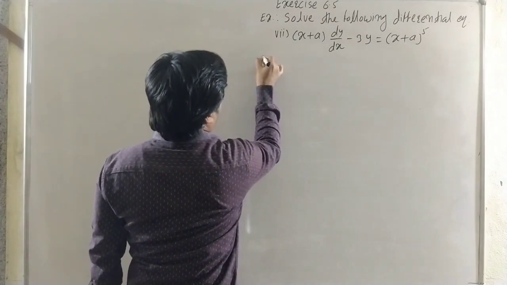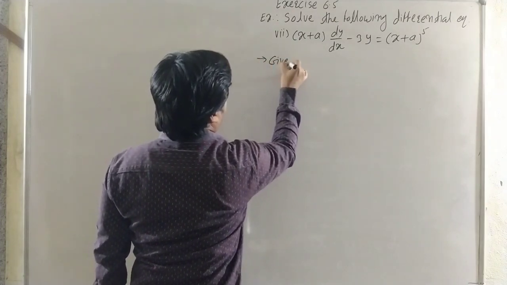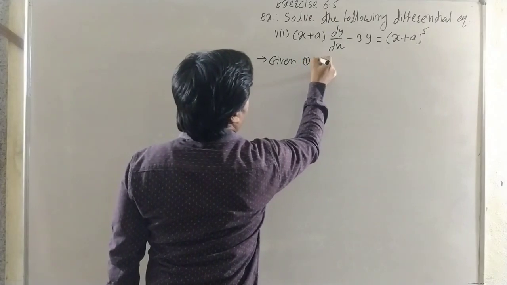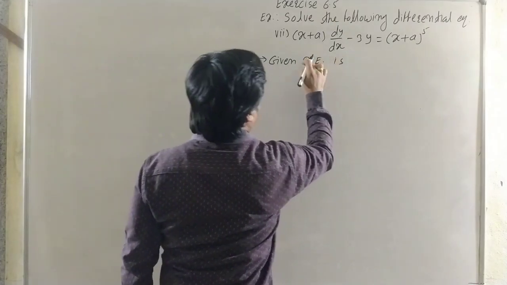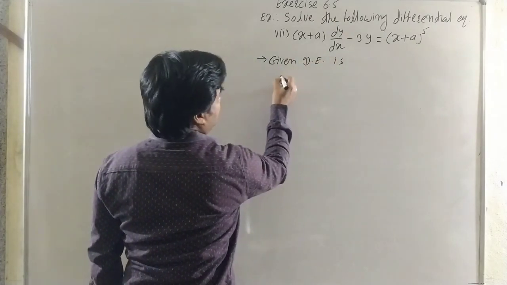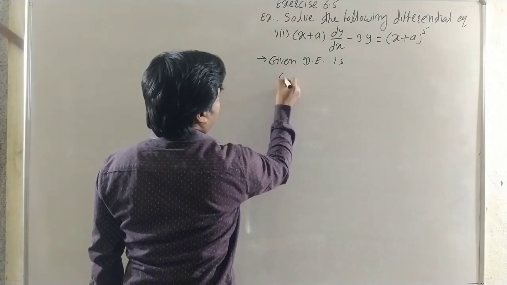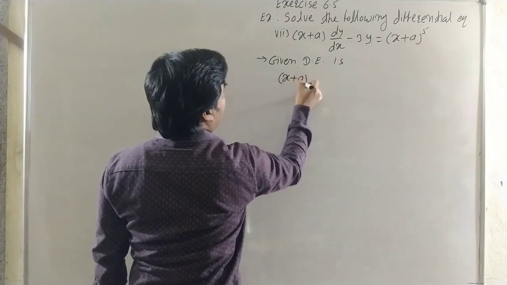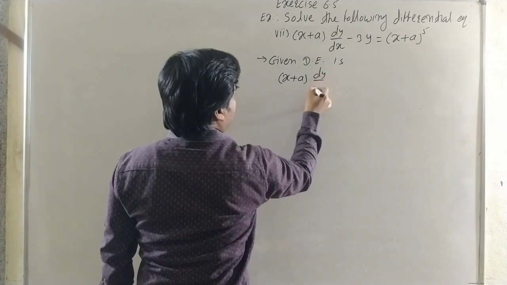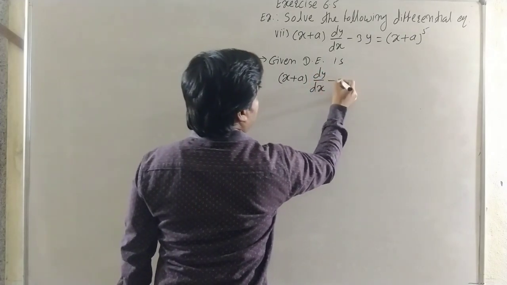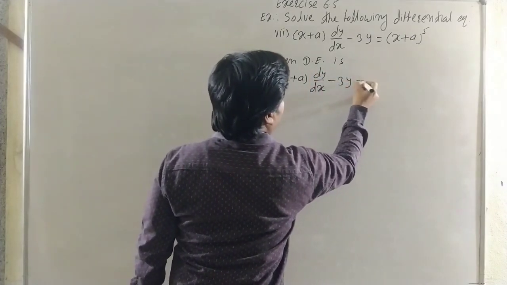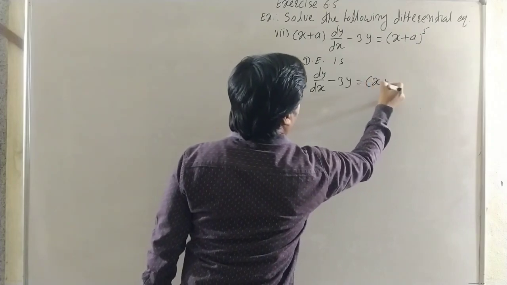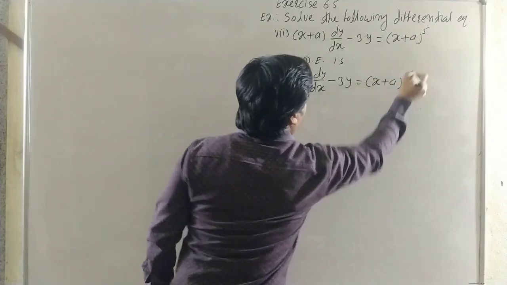Here we write the given differential equation. The given differential equation is (x + a) dy/dx - 3y = (x + a)^5.